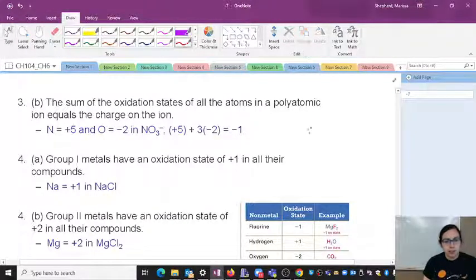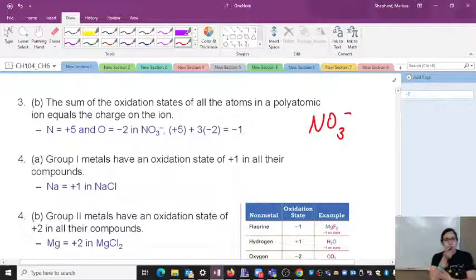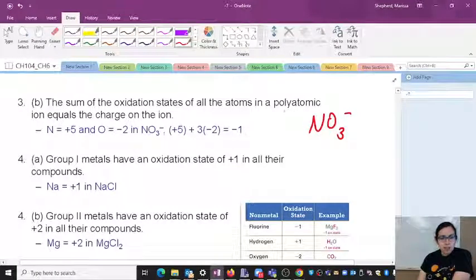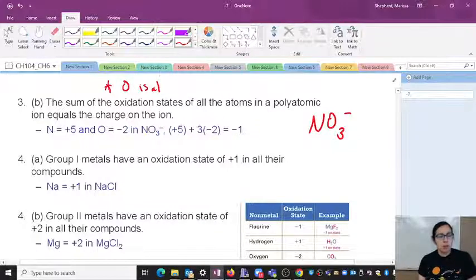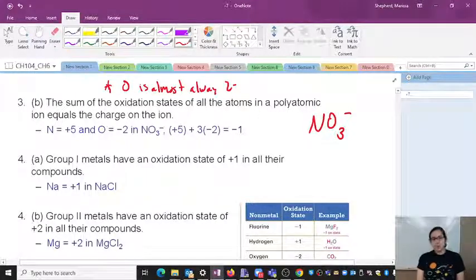Let's say you're looking at nitrate. We're trying to figure out the oxidation states. Usually you want to base it off of oxygen, and oxygen is almost always in the -2 oxidation state.